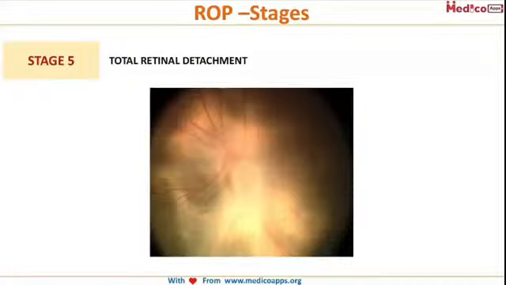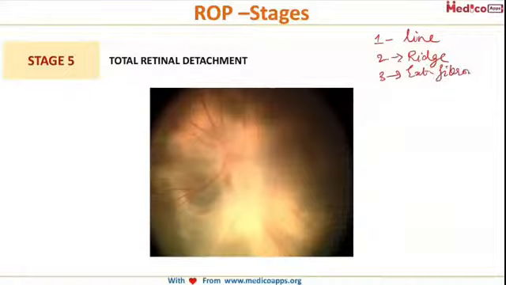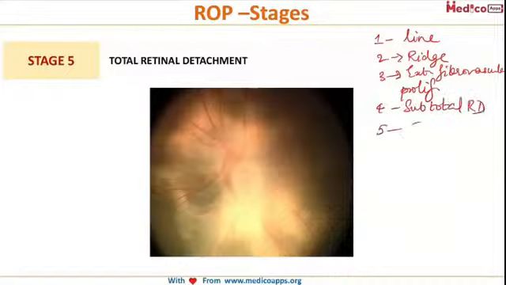Okay, just to summarize, stage 1 is our line, stage 2 is ridge, stage 3 is extraretinal fibrovascular proliferation, stage 4 is subtotal RD, and stage 5 is your total tractional RD. Okay, these are the 5 stages.